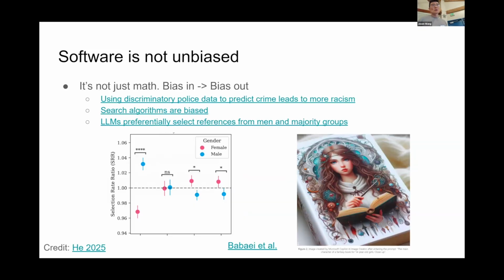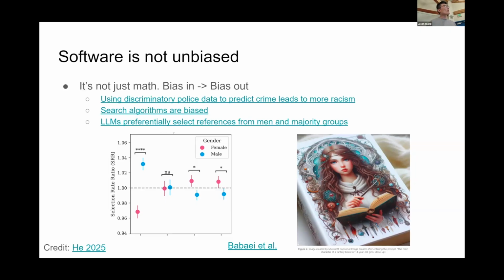Software itself is also not unbiased. Sometimes there's this argument that all these algorithms are just math, right? How can math be biased? A lot of the issue here is the underlying context in which this math is being operated on.